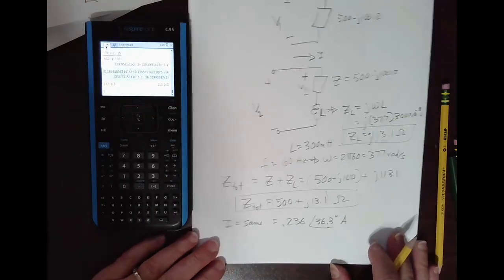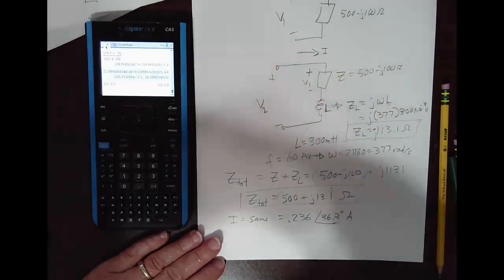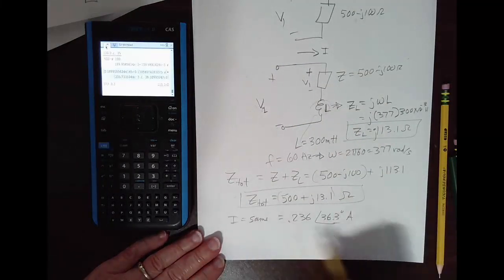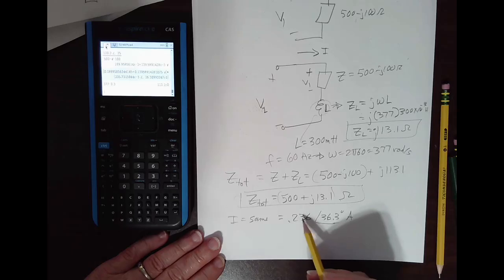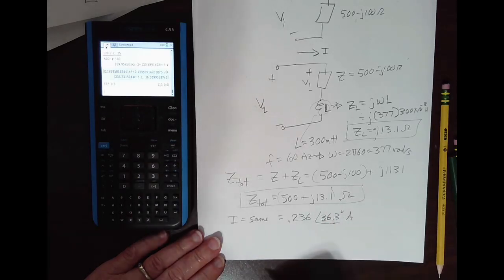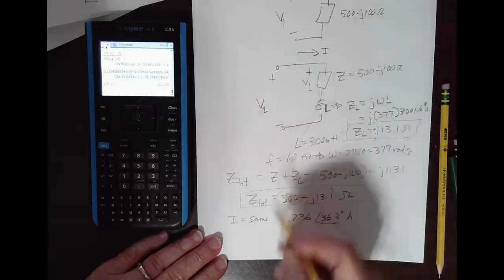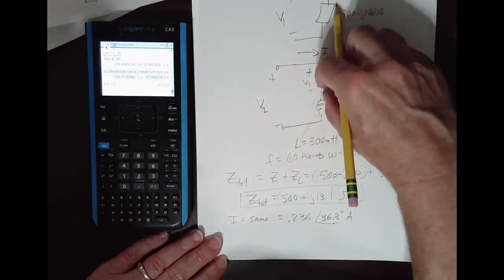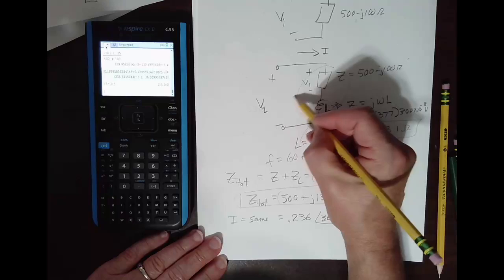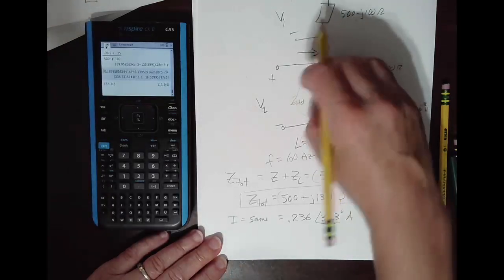Now, just like when we were doing vectors, when we're doing complex numbers, we've got to get the magnitude and the angle to get the whole current. And we've got that. We want the voltage across the whole thing. If we think of this as an equivalent Z, Z total is these two added together.